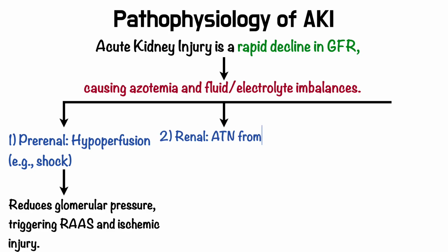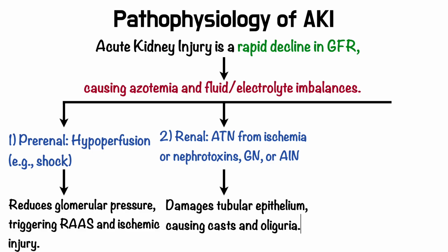And in intrinsic cases, ATN from ischemia or nephrotoxins, or GN or AIN, can lead to damage of the tubular epithelium, causing casts, right? These casts of epithelial cells will block the lumen, and that blockage will lead to blockage of urine flow in the renal tubules, and that will lead to oliguria, right?